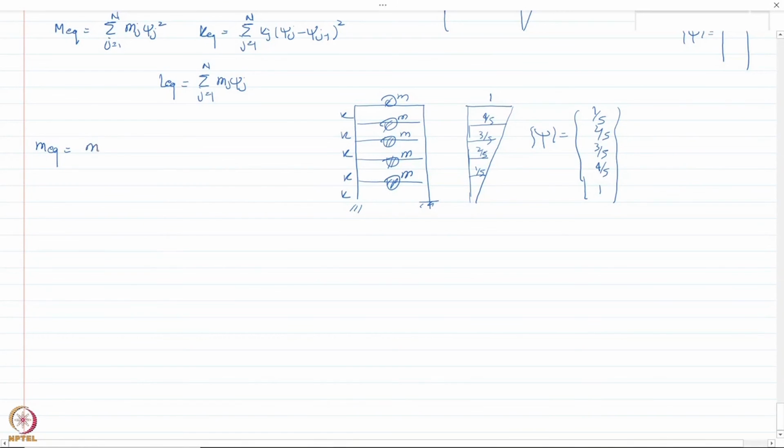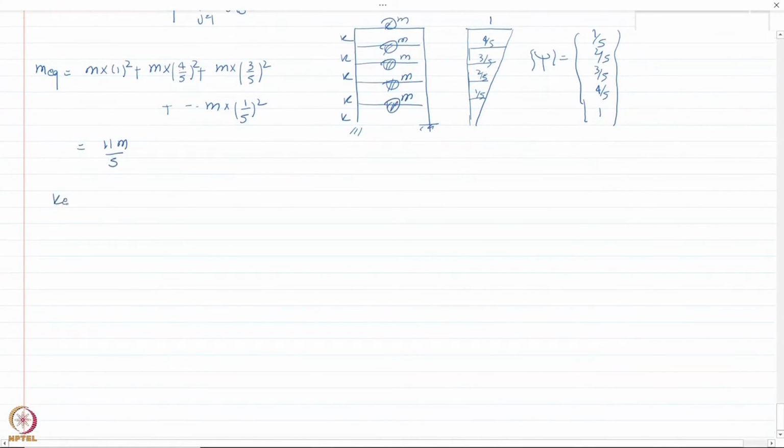So m times 1 square plus m times 4 by 5 square, then m times 3 by 5 square, and so on up to m times 1 by 5 square. Once I substitute these values, I get the final equivalent mass as 11 m by 5.